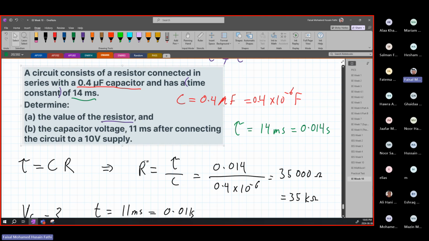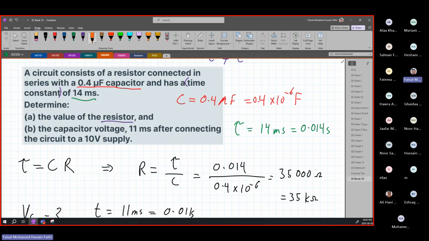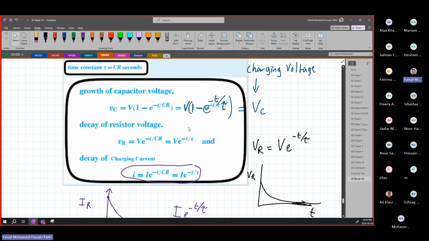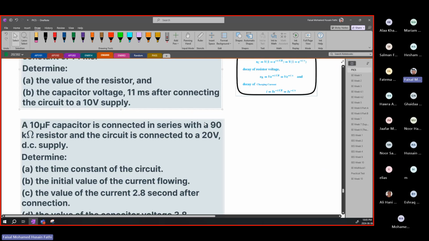So you can find tau using just this simple equation in an RC circuit, which is C times R, capacitance times resistance. And then the time itself is a different component. Here, the capacitor voltage 11 milliseconds after. So this is the actual time. This is the time t that is being completed. Okay? Again, all you're going to have to do is just apply it to these equations and you will be able to find your values.